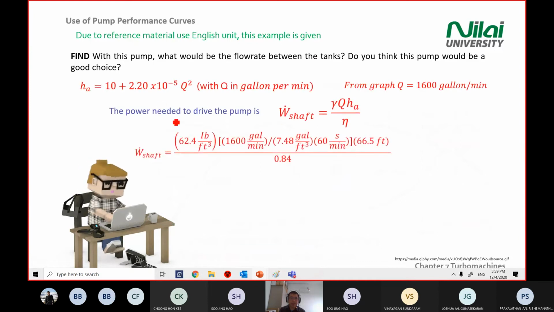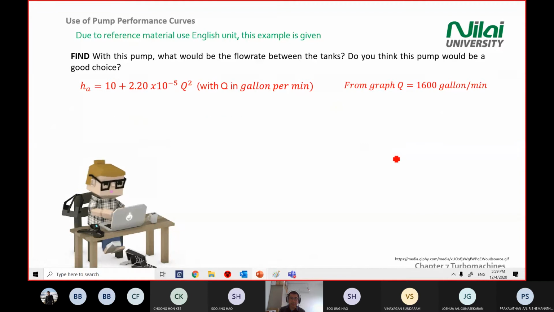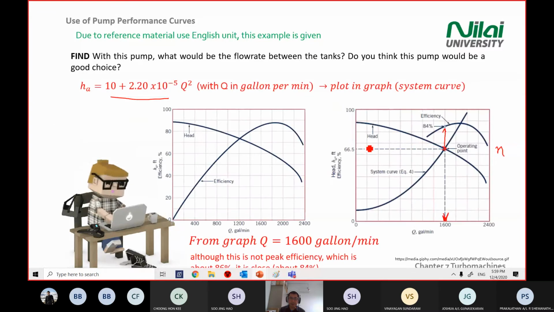And the power, you calculate from this equation. Capital W dot shaft, you use this equation, substitute all the values. The efficiency value is 0.84 because from the graph we got just now our efficiency is at 84%.